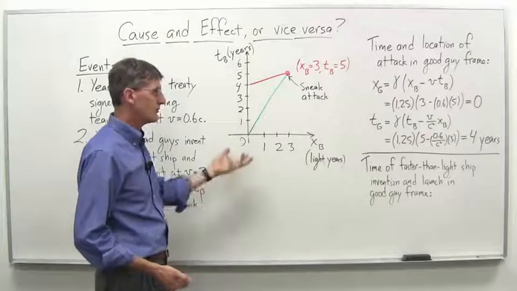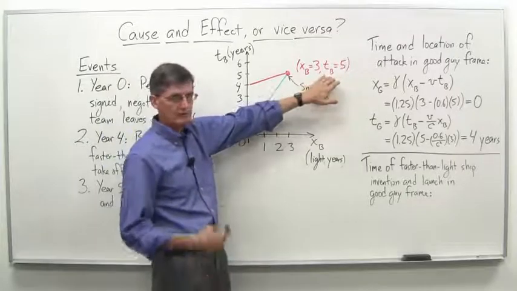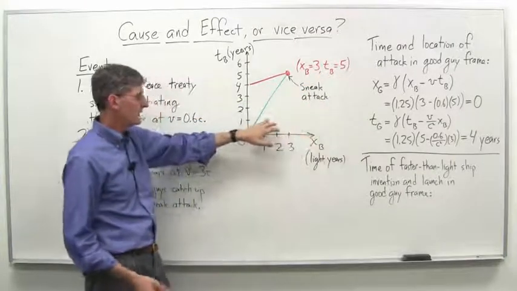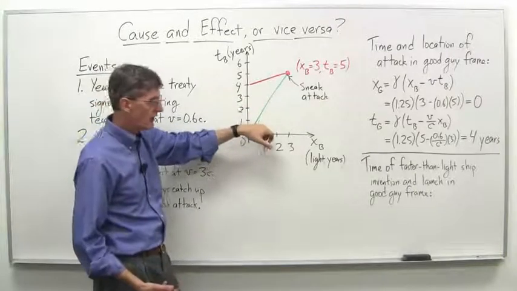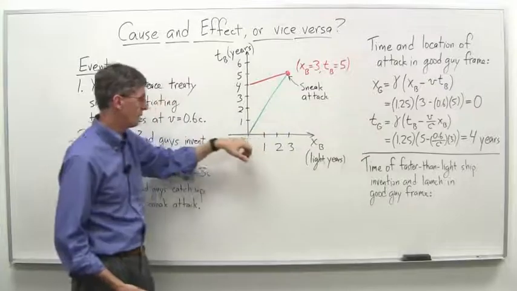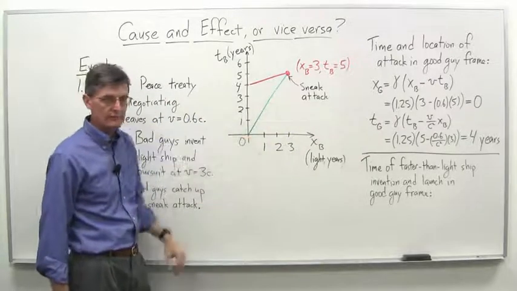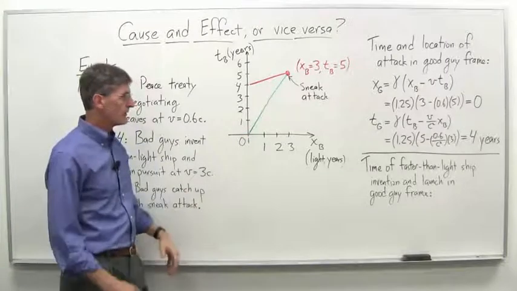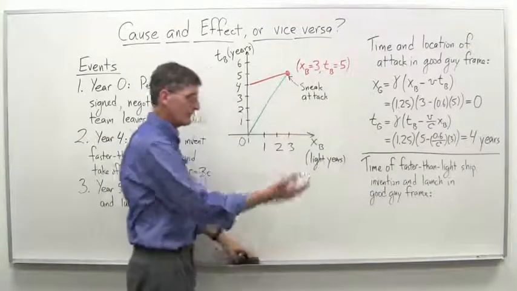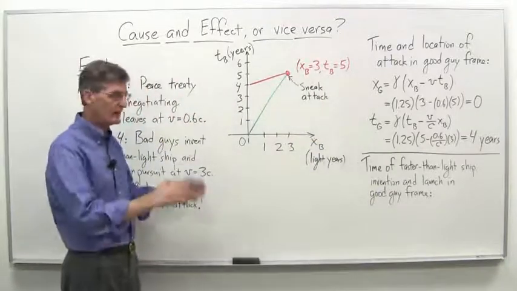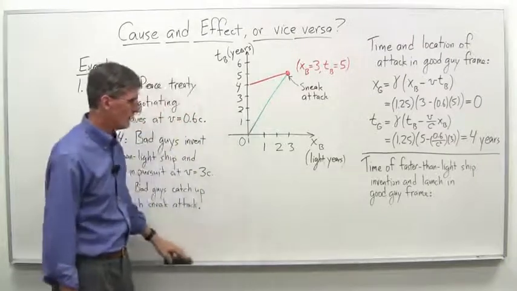And really that makes sense because you just have a time dilation effect going on here between the bad guy's clocks, which tick off 5 years, but from the bad guy's perspective, the good guy's clocks are running slow, and so they'll tick off 4 years, assuming they both had their 0 point for their clocks when the good guys left the planet. Okay, so nothing too amazing or confusing there, just in case of however confusing it might be in terms of time dilation and things like that. But nothing that is overly surprising there.